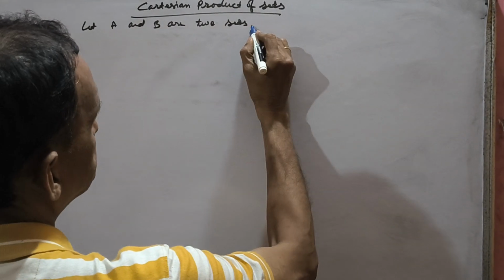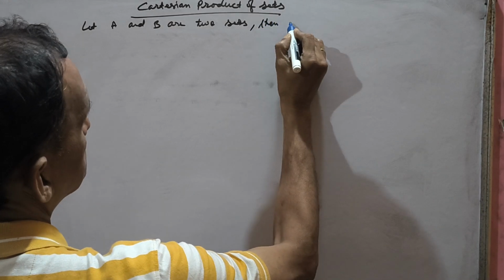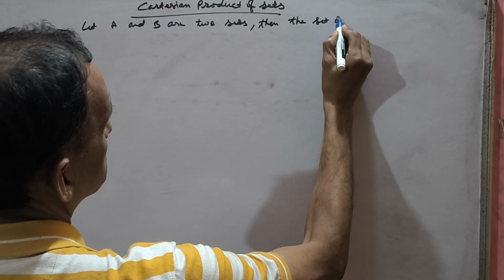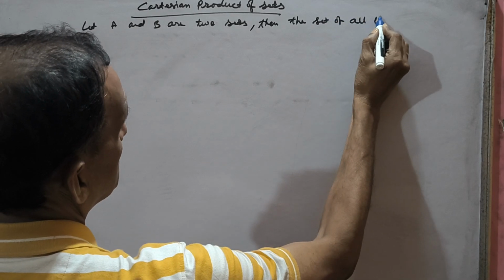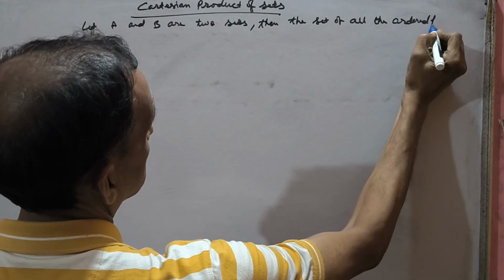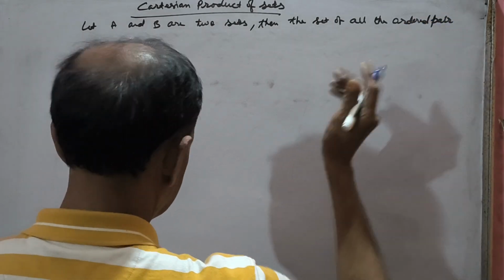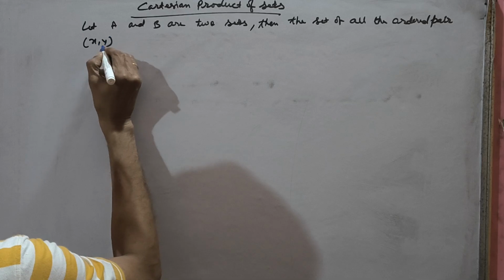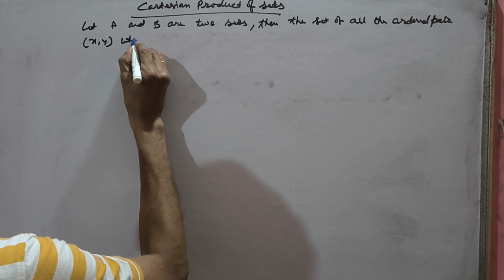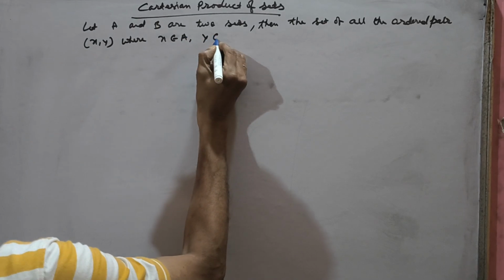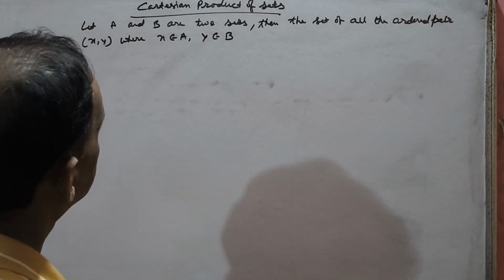Then the set of all the ordered pairs, like say (x, y), where x is an element of set A and y is an element of set B.